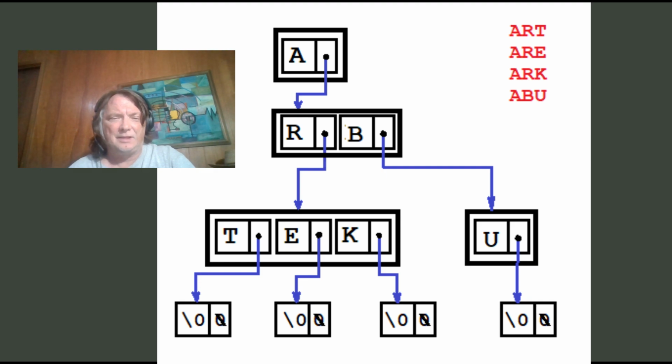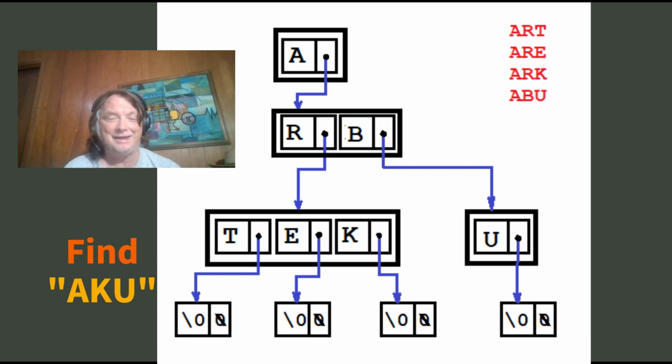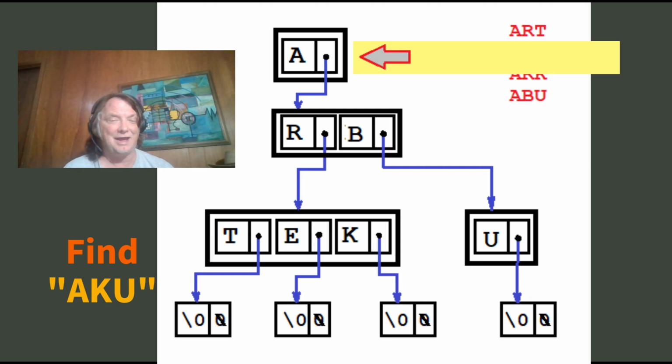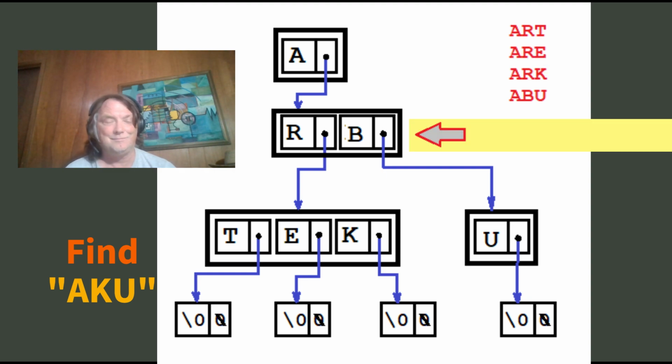Let's look at a spelling correction on our trie. Okay, so we have our trie here. Let's look for the word A, K, U. Okay, so we have the A in the root node, and that root node points to another node with the R and the B, but we didn't find the character we were looking for.